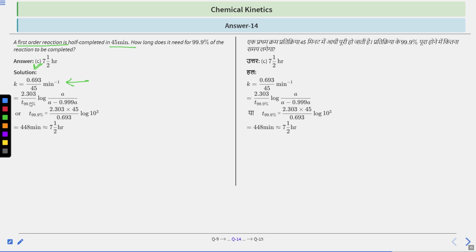So T of 99.9% will come out as 2.303 times 45 divided by 0.693 log 10 to the power 3. Right, so we just equate these two equations and find out the T of 99.9%, and it is coming out after solving this multiplication as 448 minutes, which is approximately equal to 7.5 hours. Okay, thus option C is the correct answer.